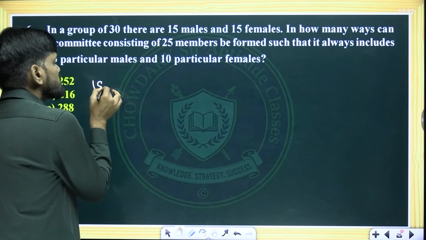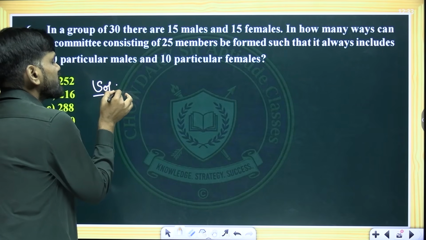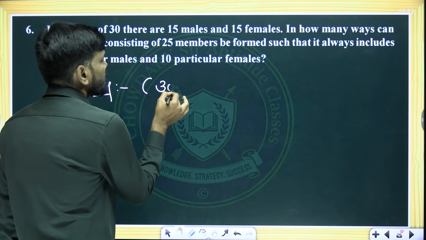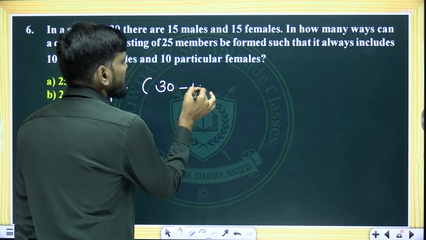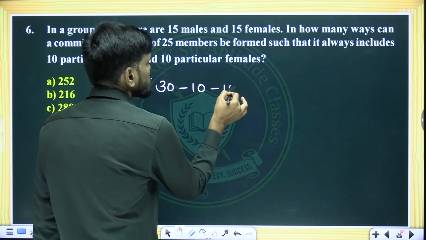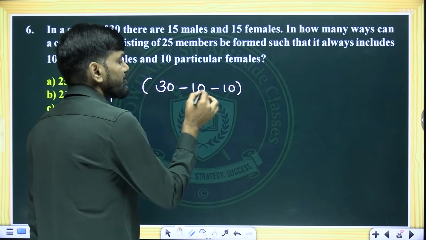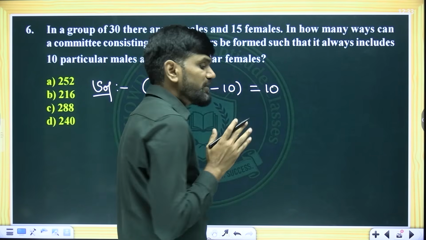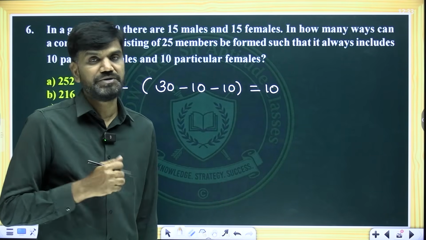Which means out of the 30 available, 10 particular males are already included and 10 particular females are also already included. Remove them. Now we have how many people available for selection? Only 10 people are available for selection.